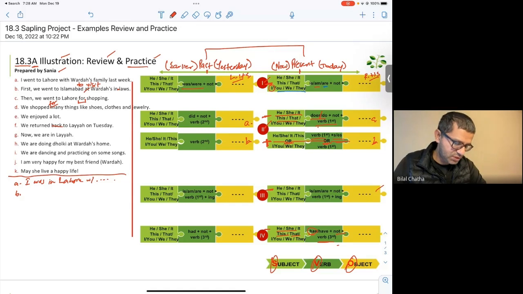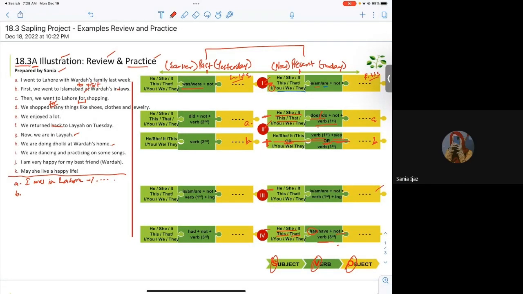Next, sentence G. Now we are in Lahore. Good. We are doing Dholki at Varda's home. Very good. We are dancing and participating on some songs. Two things are happening here: we are dancing on some songs and we are practicing some songs, right?